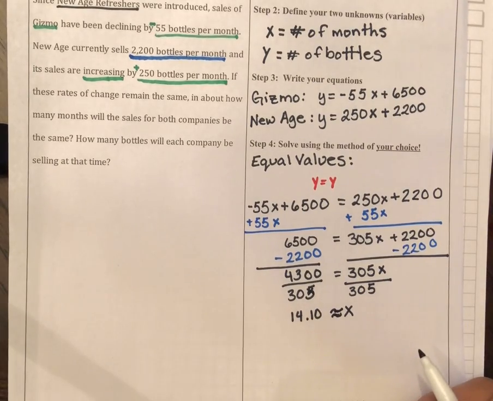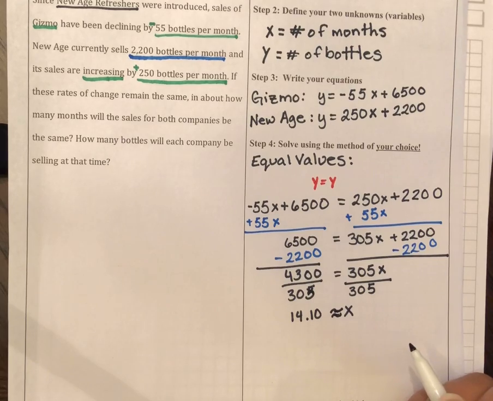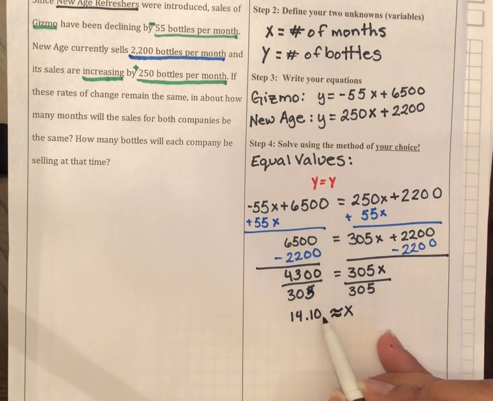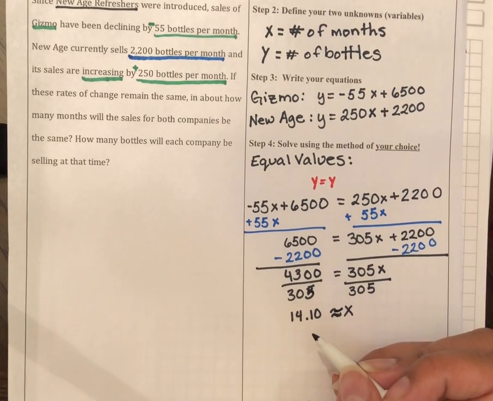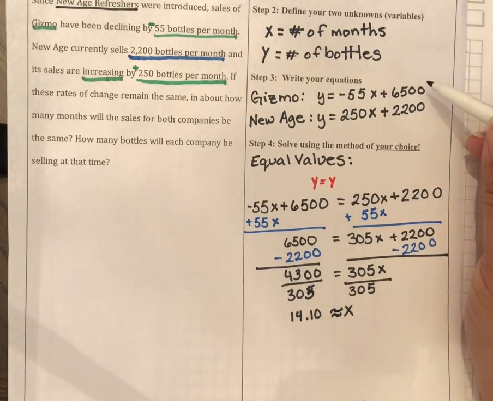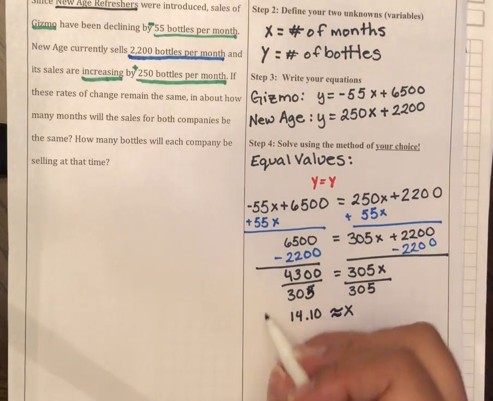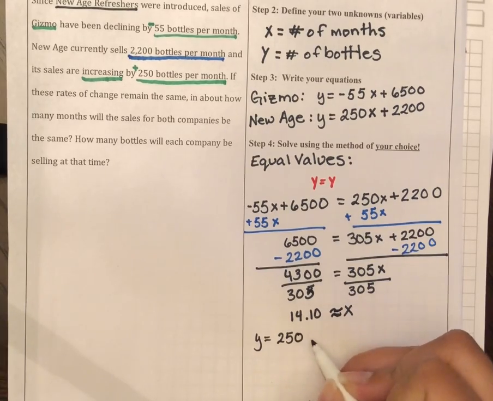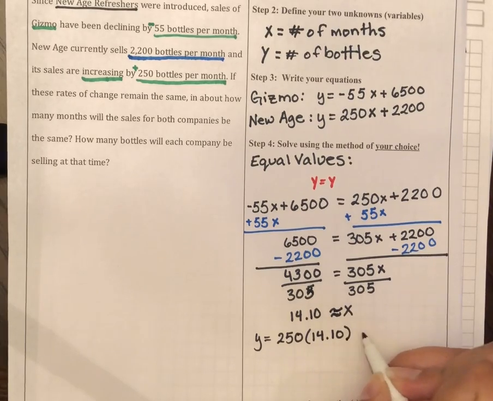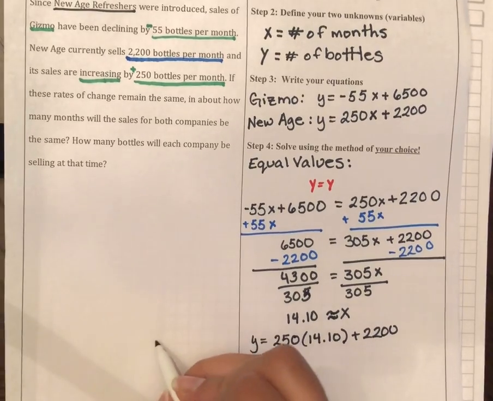So now we're going to choose the equation that looks easiest to us. I'm going to choose the second equation. So y equals 250, and I'm going to substitute my value of x here, plus 2,200. Let's do some side work.